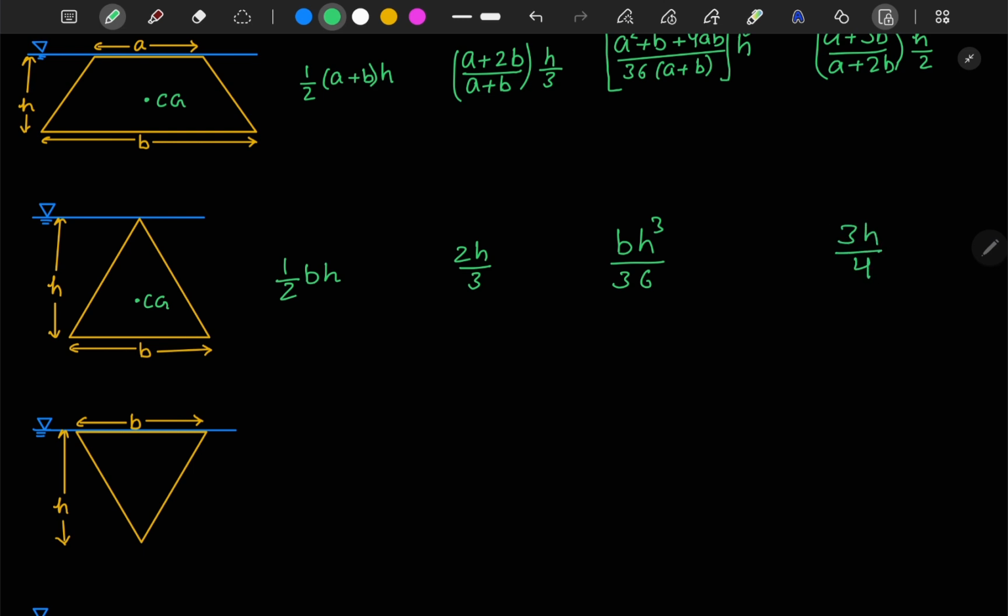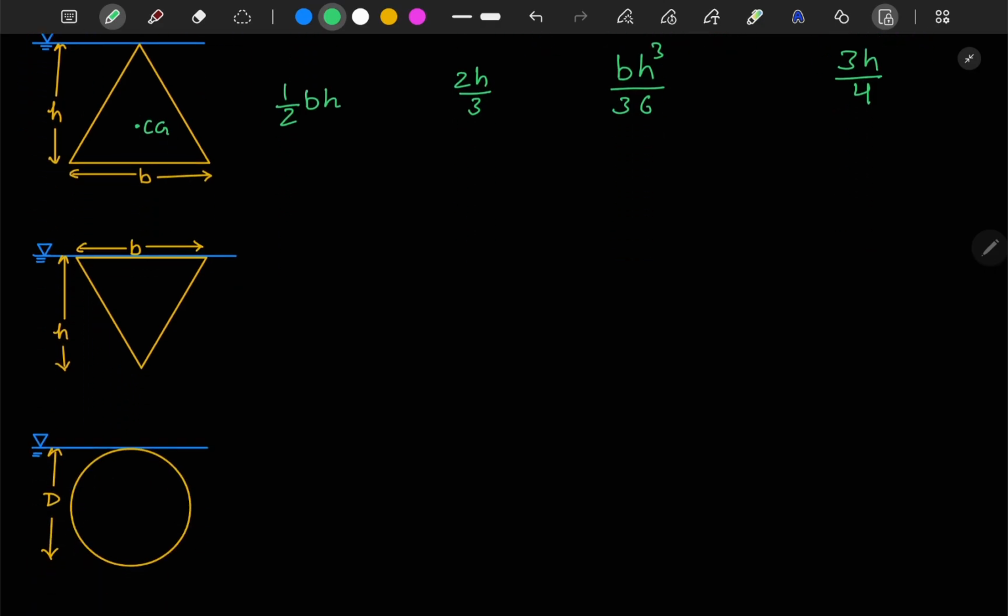If I talk about the triangle with base at the free surface, the area will again be the same, half into bh. Your center of gravity will be at h by 3. Your moment of inertia about center of gravity will again be the same, bh cube by 36.